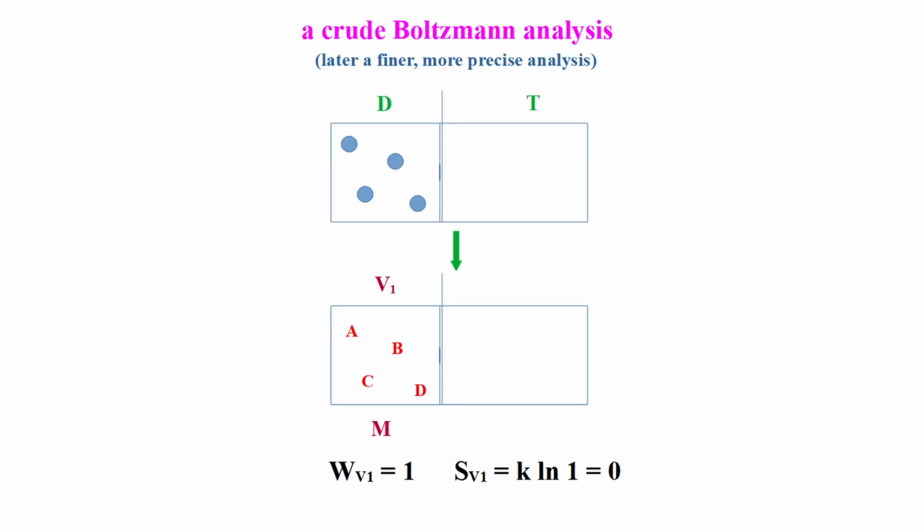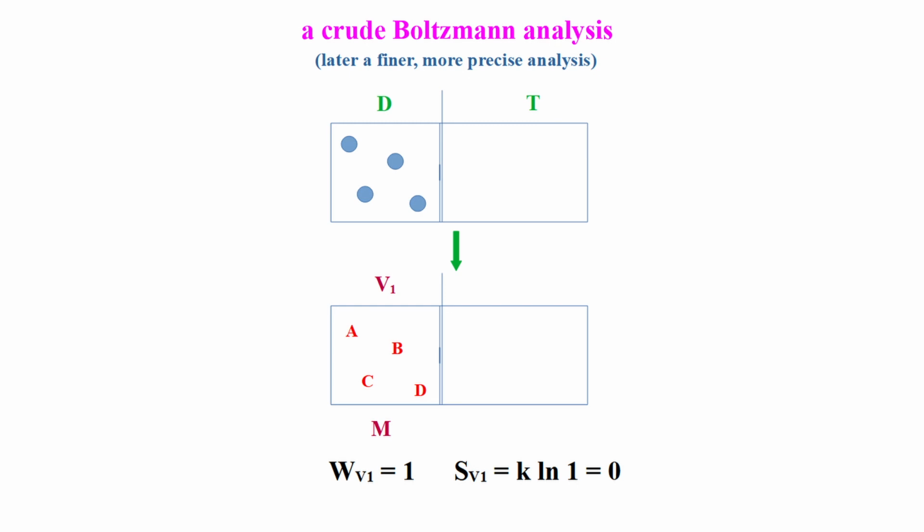As discussed in part 1a, to carry out the Boltzmann analysis of this system, let us label the 4 particles as A, B, C, and D.